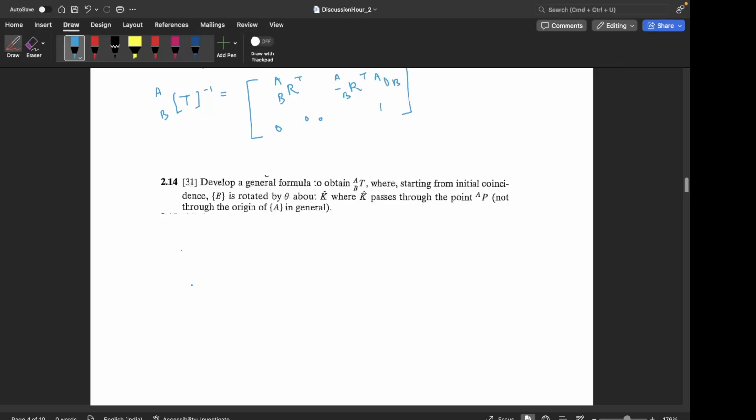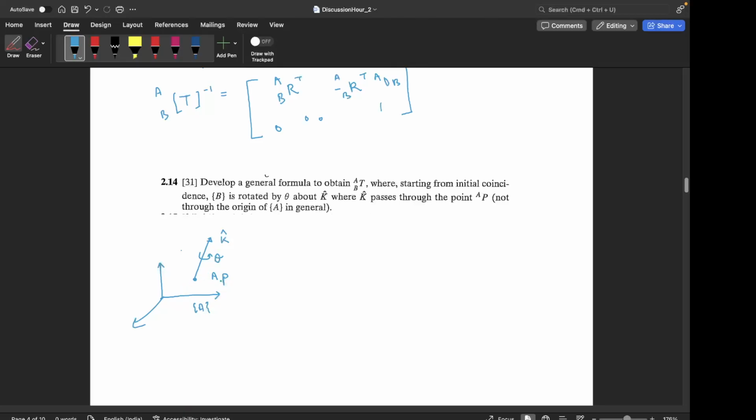So first let's draw the picture of this setting. So we have the frame A. Then we have an axis K, and K passes through a point P, right? And we are rotating about this by angle theta, right?